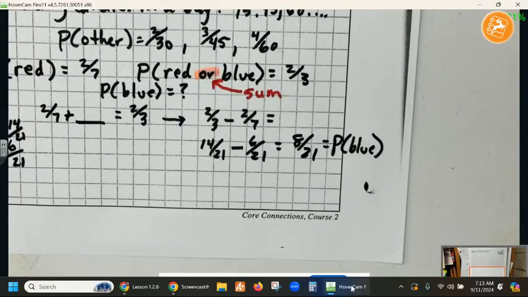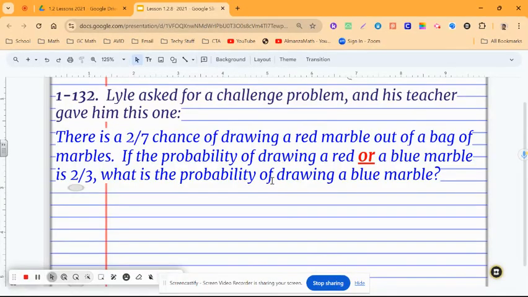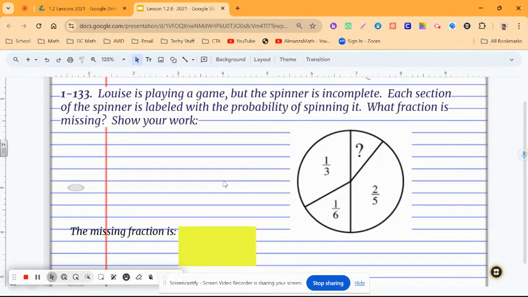And then in this final problem, what you're going to do is copy this spinner down. We have 1/3, 1/6, and 2/5 in the circle here. So go ahead and copy this one down. We have problem 133 towards the bottom of the page.